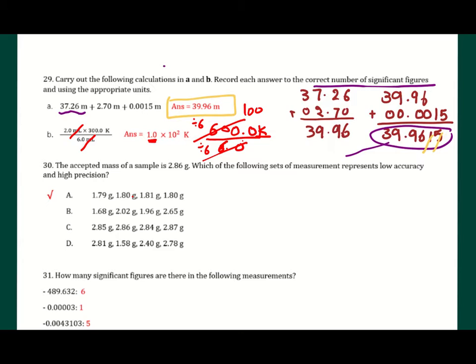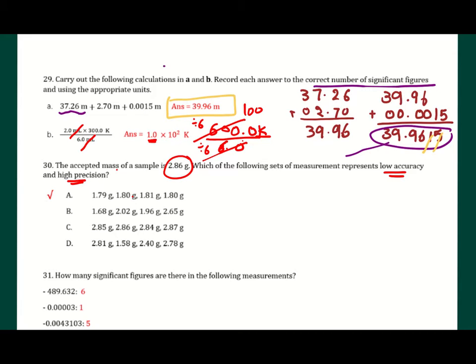Here the accepted mass of a sample is 2.86. Which of the following sets of measurements represent low accuracy and high precision? High precision means very close to each other. So first look, don't answer the question yet, just look for which letters show high precision, very close to each other.